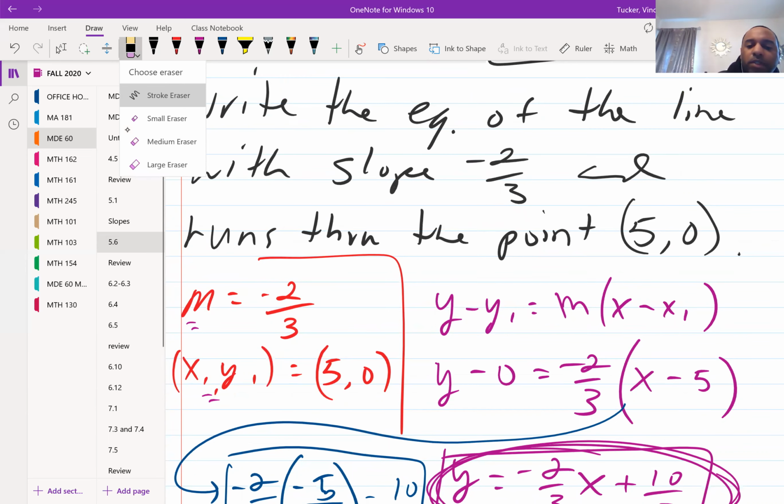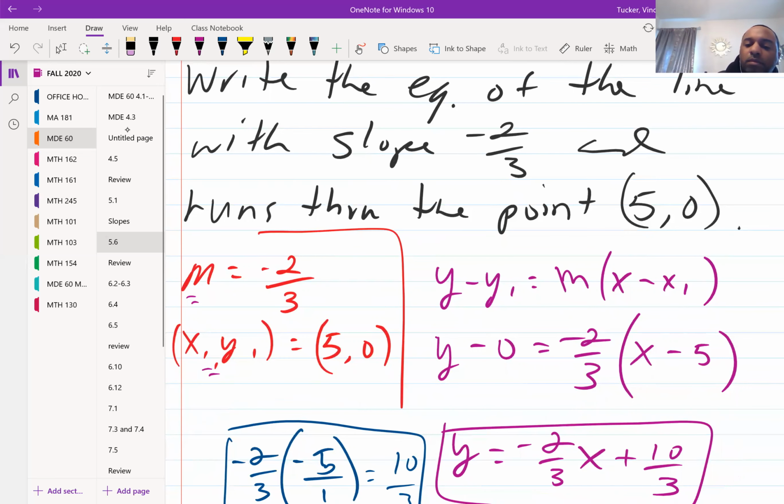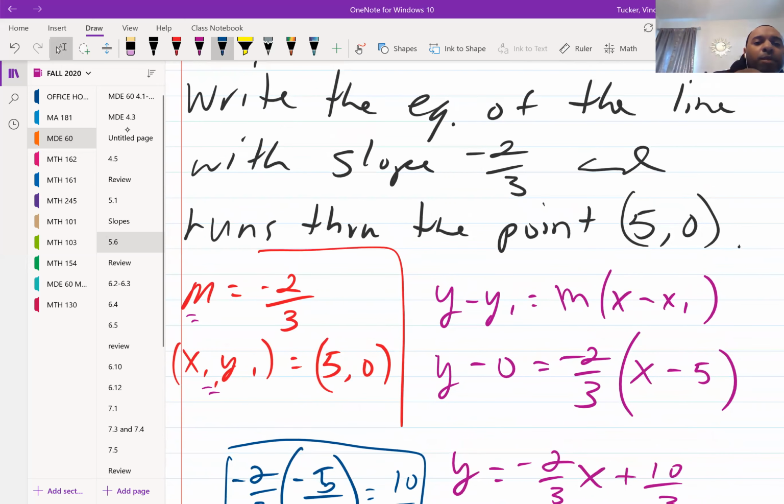All right, so our given information is right over here. They give us the slope of -2/3. Not the y-intercept, they give us the point 5, 0.